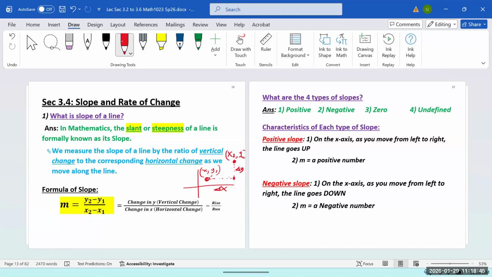And when you're walking on the floor, you're not moving up or down, you're moving on a straight path. So there is no steepness, it's a straight line. So the slope is zero, no steepness. So we do have a slope which is zero, okay? Because you're walking from left to the right.